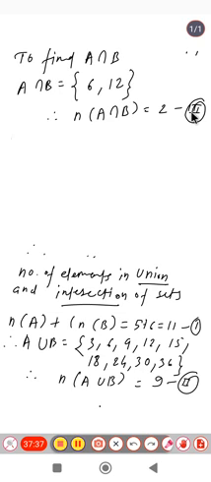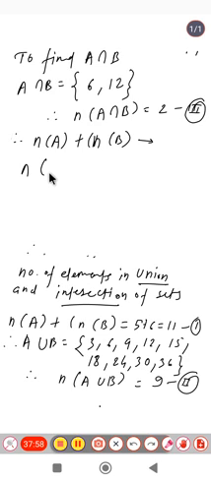Understand? So now, for example, n of A plus n of B minus n of A intersection B, we can write this way: 5 plus 6 minus 2.